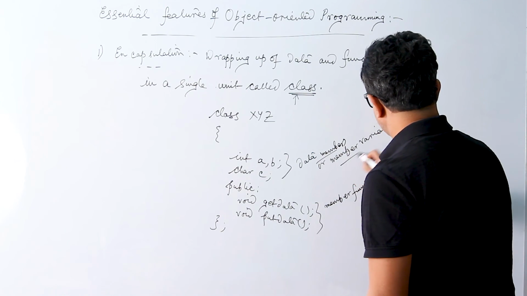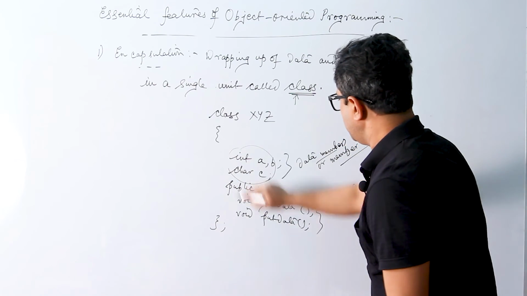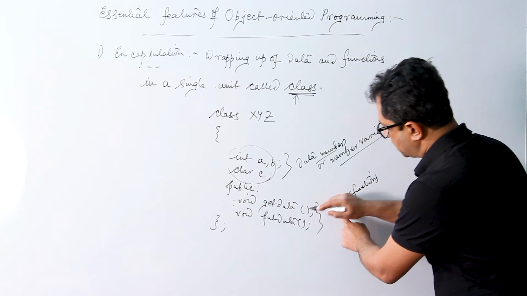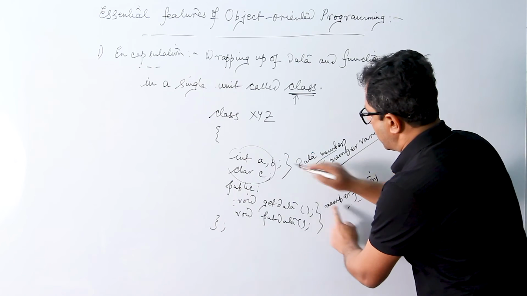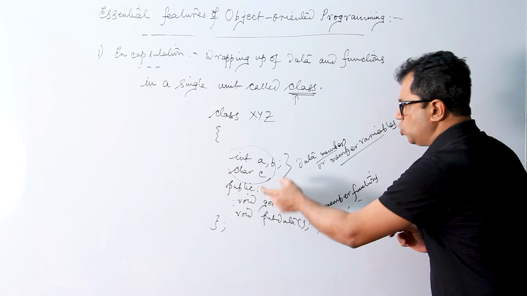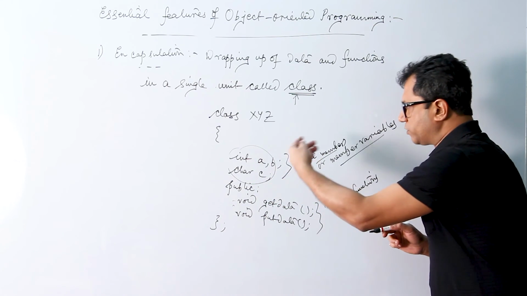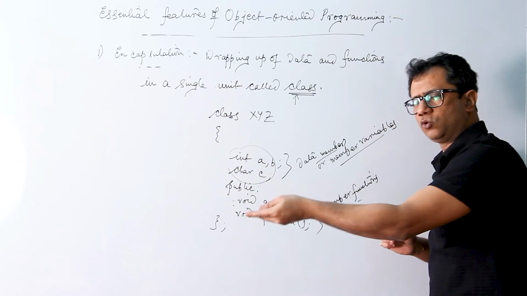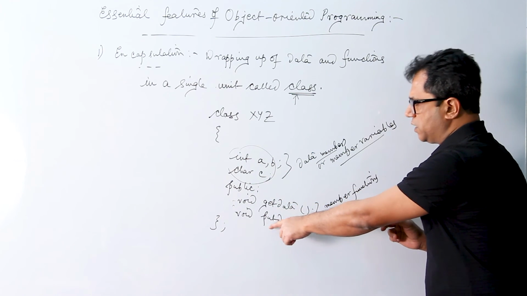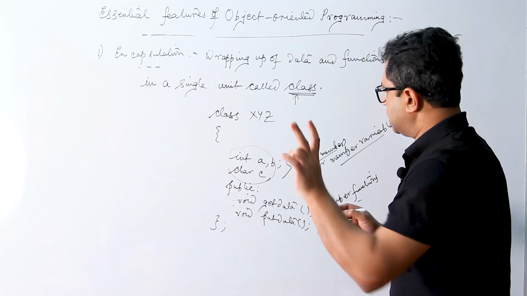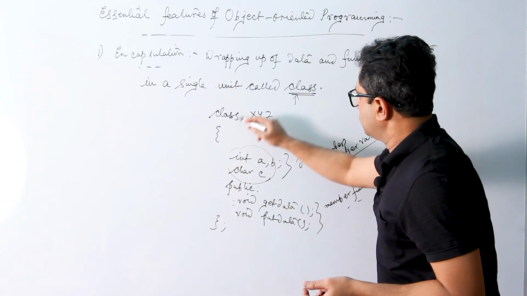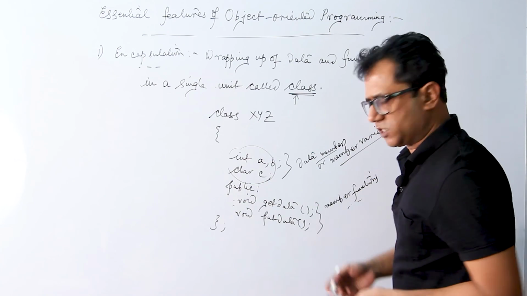So the data members or member variables are these 3, and these 2 are called member functions, and these member functions act on these data. If we want to access these functions to manipulate the data, to retrieve some value of the data, or to set some value to the data, we will invoke these functions with the help of an object which is to be created for this class XYZ or any other class.